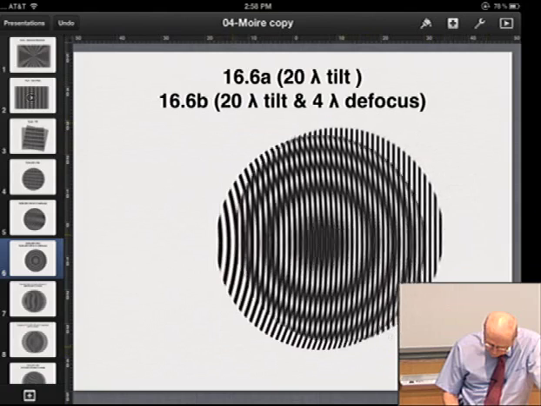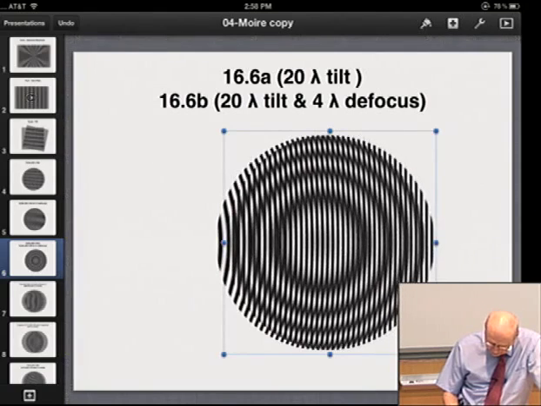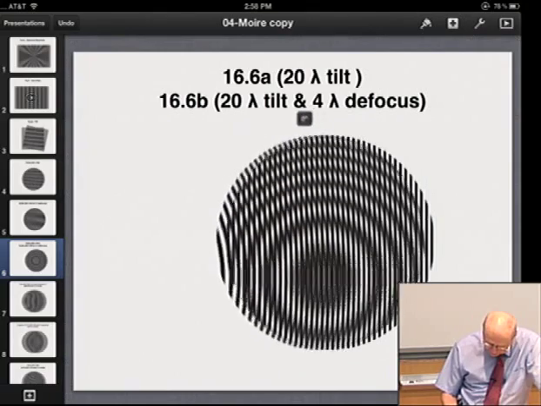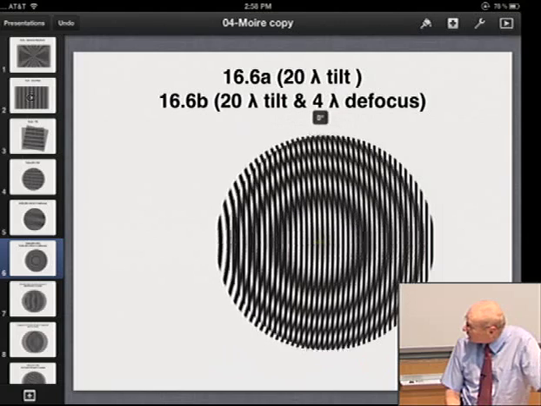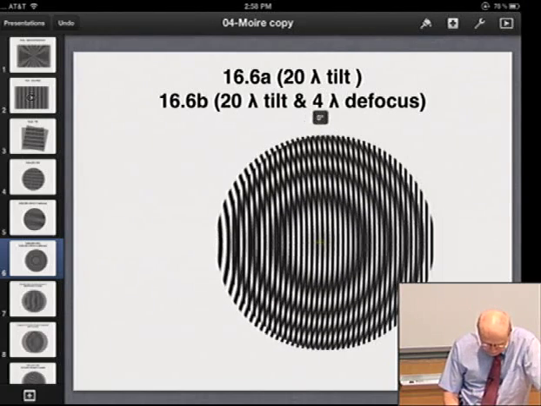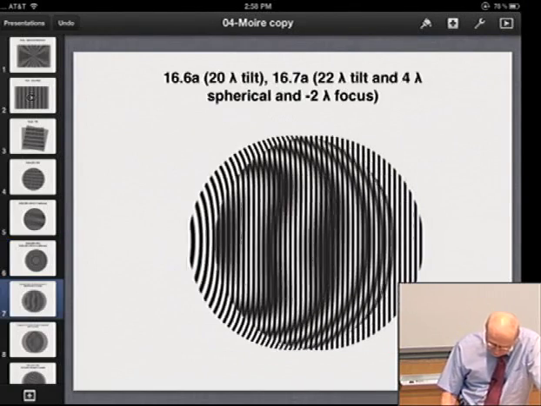And let me, again, just rotate that. So changing the angle. You can see how the tilt changes the fringes. Okay, this is 20 of tilt, and then 22 of tilt, 4 spherical minus 2 of focus.